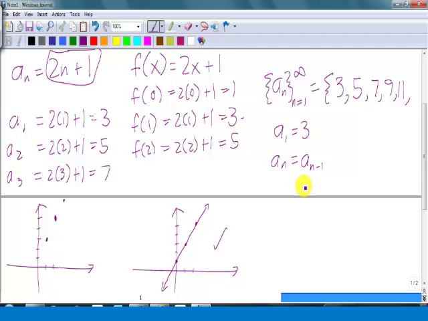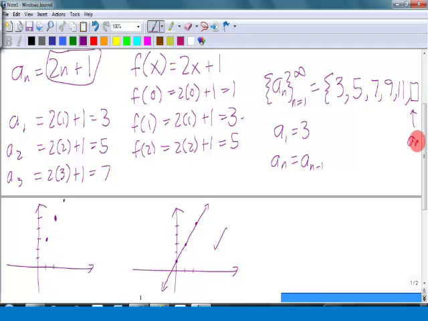If I want to know what a sub n is, and this number right there is a sub n, actually it's a sub 1, 2, 3, 4, 5, 6. It's actually a sub 6. But if I'm calling that a sub n, what am I thinking of as a sub n minus 1 in this particular case?